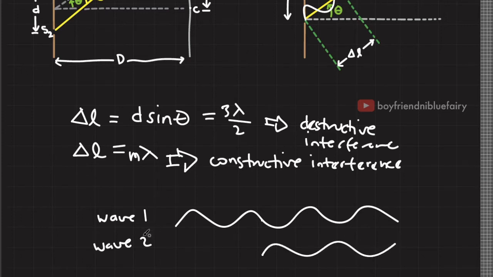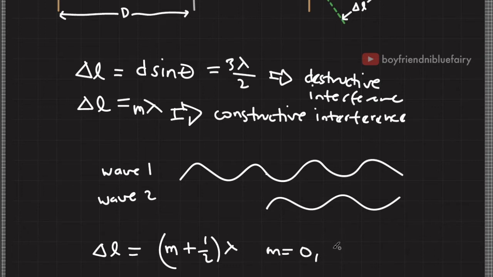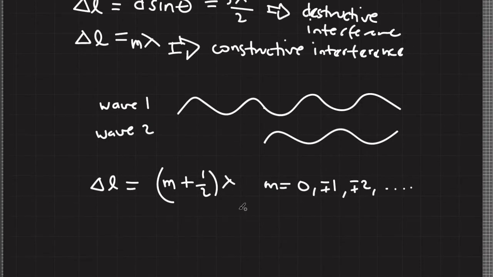If I try to add wave 1 and wave 2, and they have a path difference of 3 lambda over 2, this will still result in a destructive interference. So in other words, if the path difference delta L is (m plus 1/2) lambda, where m is an integer multiple like 0, or negative or positive 1, or negative or positive 2, and so on, then this will result in a destructive interference.